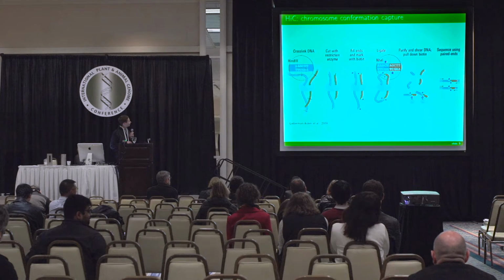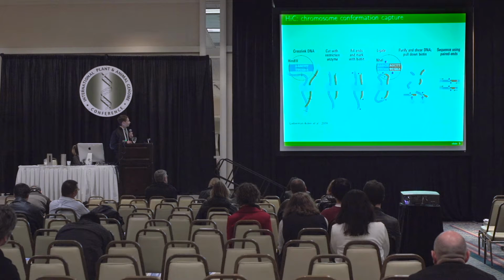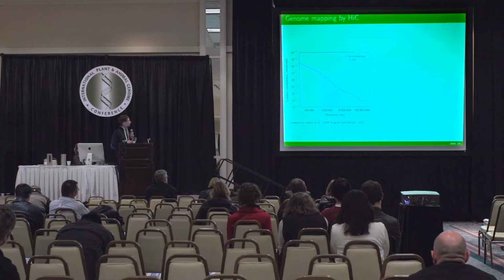And these chimeric molecules are then sequenced on the Illumina platform, and you get the two ends of the read corresponding to different genomic locations. So you can now look at all pairs of genomic locations, for example in 1 MB bins, and count the number of Hi-C links or chimeric pairs that link these loci.